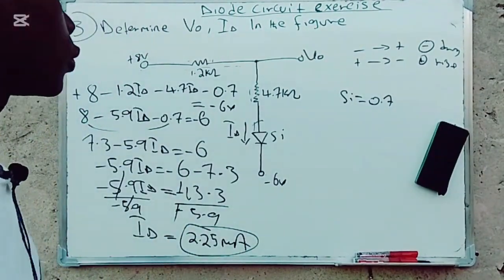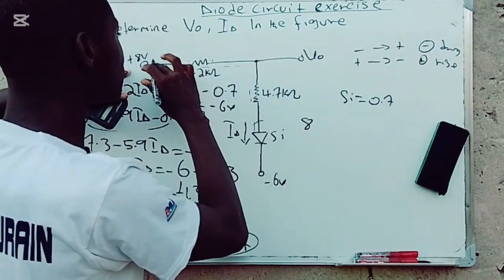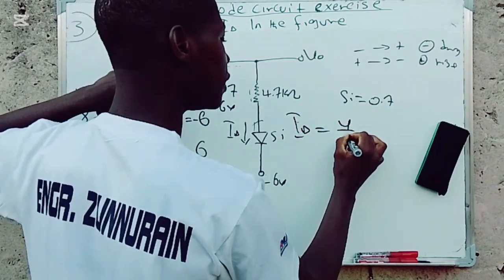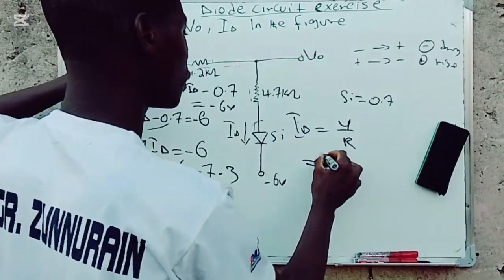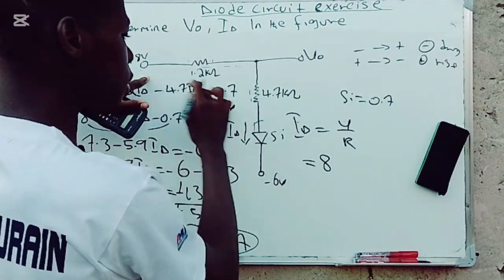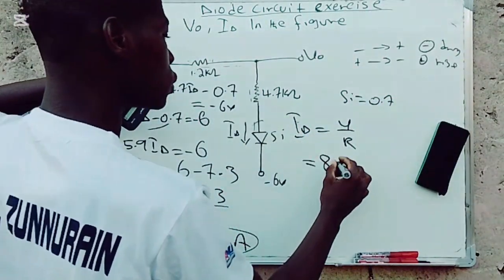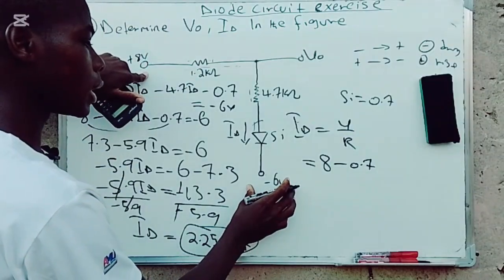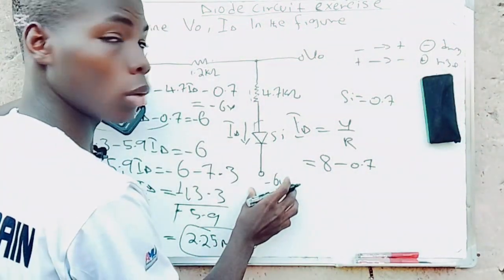Now if I am to use the next method, I have to say that ID is equal to V by R. How many voltages did I have? I have this 8 volts, which is rising, so this will drop at 0.7, and this is negative, so it will rise.